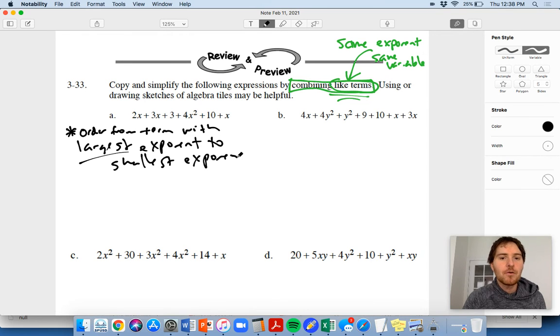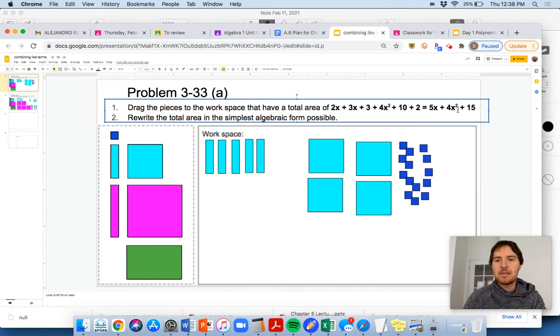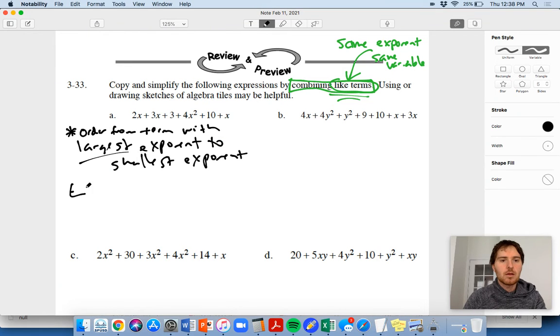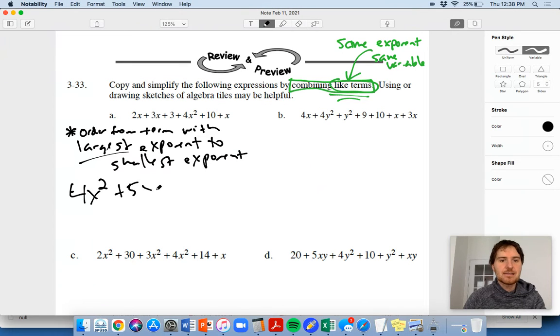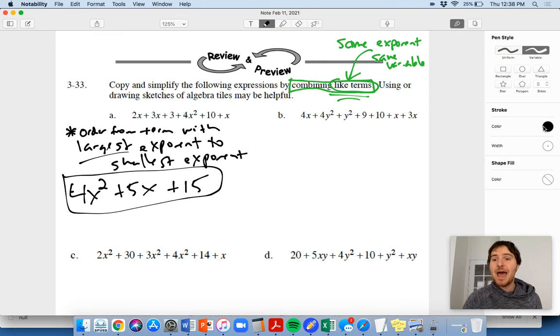So what I'm going to get for my answer here is going to be 4x squared plus 5x plus 15. And we are good to go, okay? So that is standard form for writing out a polynomial here, okay?